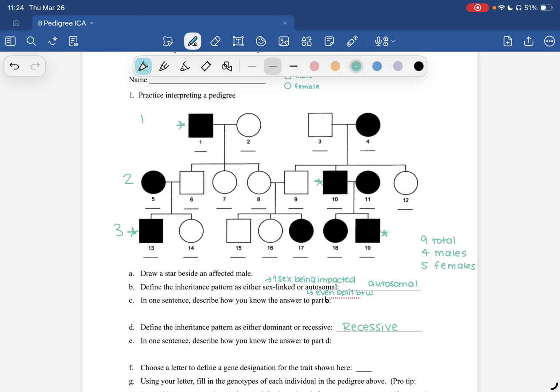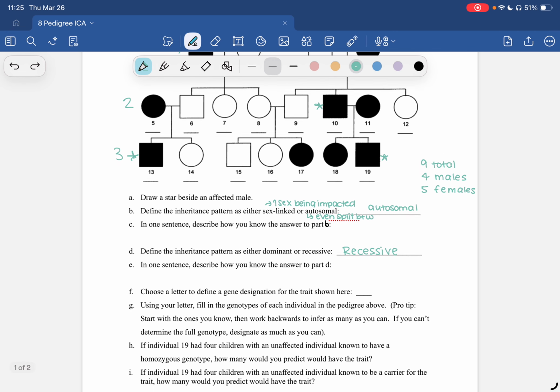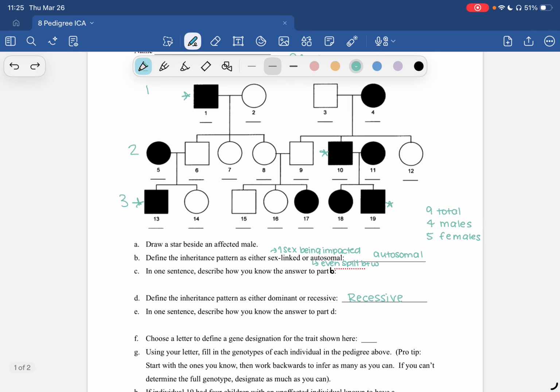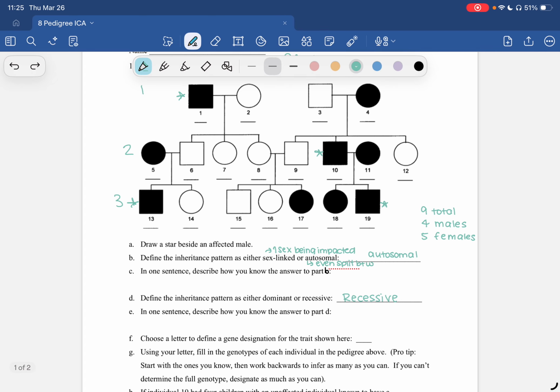However, their child female 17, so I'm just using these numbers, was affected. Therefore, the trait must have been masked in the parent's generation right here, but was unmasked here for child number 17 in the third generation. So you can give a specific example, or you can just talk about the pedigree broadly.